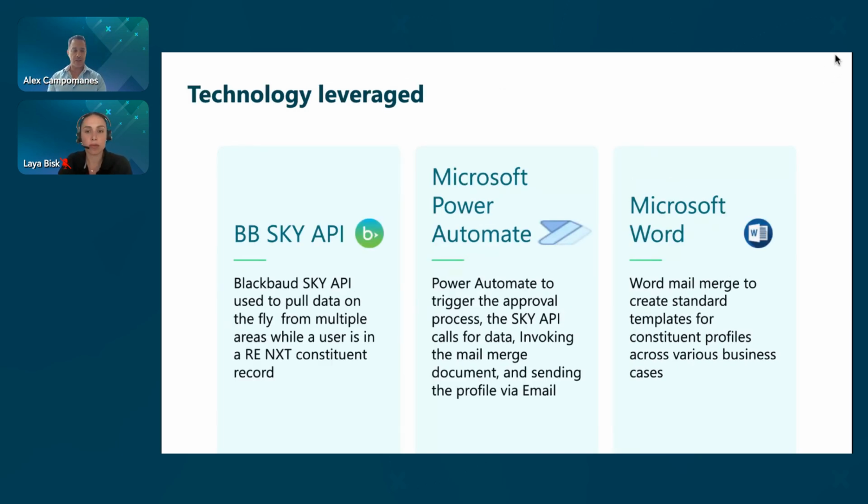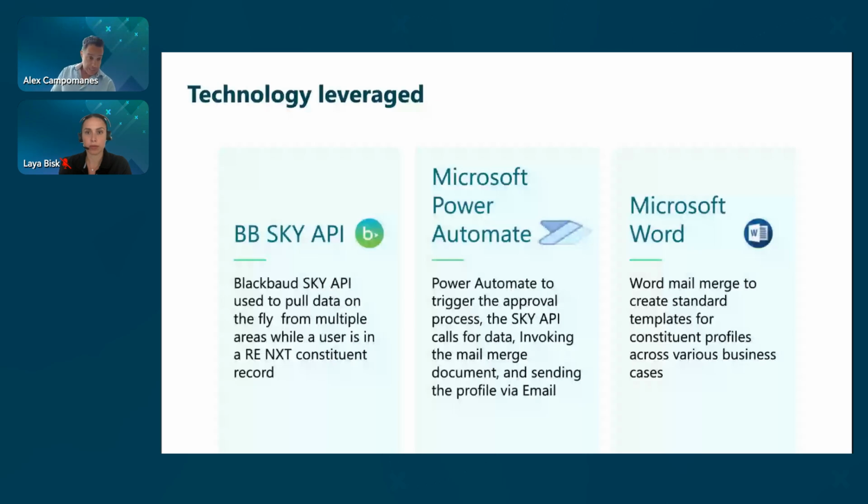So these are the technologies that were leveraged within this solution. We have the Blackbaud Sky API, and these are calls that are done multiple times. Several APIs are called within this process.